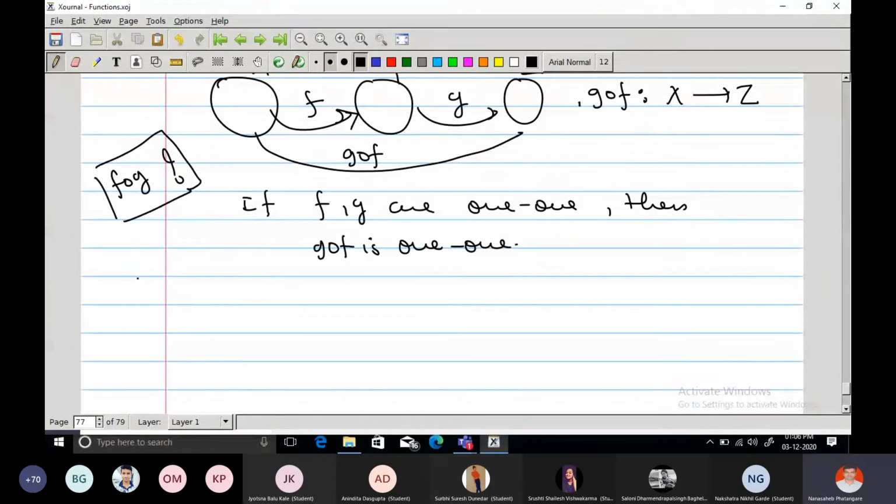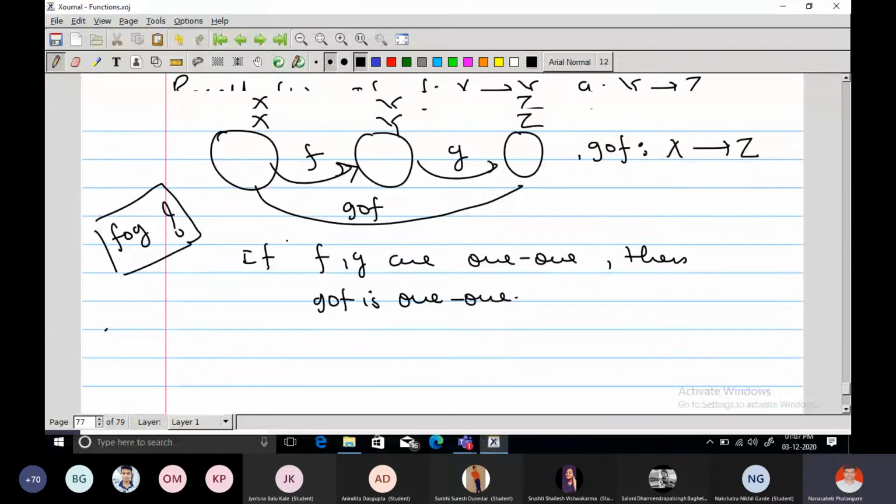But that doesn't make sense because the codomain of g is Z. And if you want to apply f after g, then the domain of f must contain the range, codomain of g.